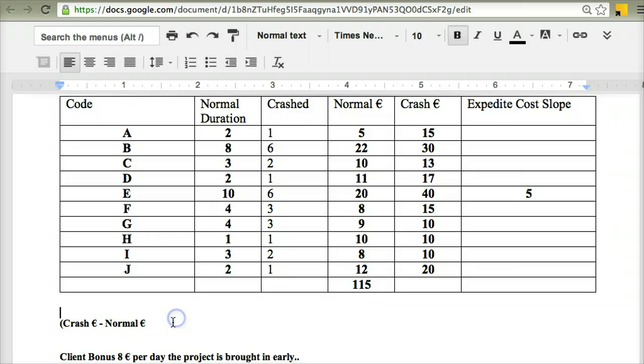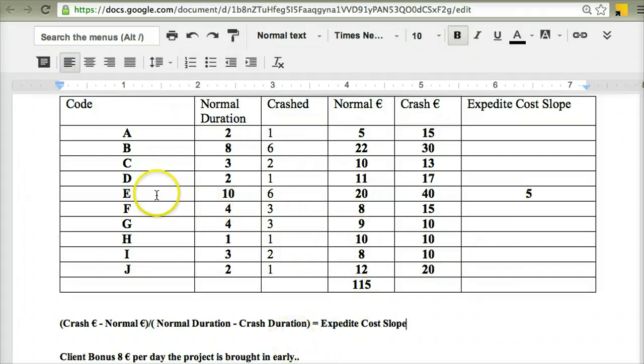Then I'm going to divide by the normal duration minus the crash duration. This will give me the expedite cost slope.